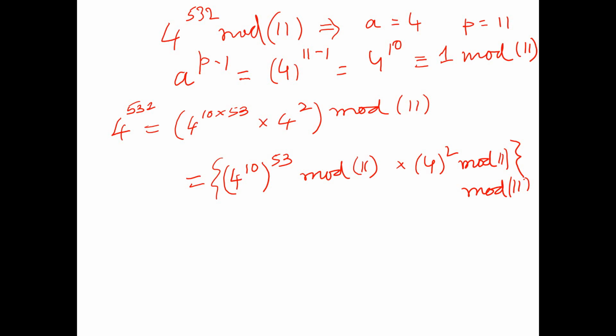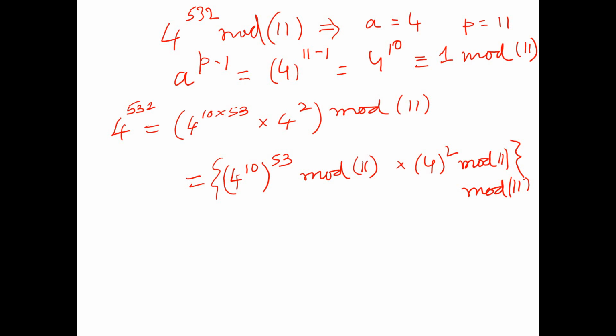Now 4 square is fine. 4 square mod 11 we can compute, no problem. This one, we are making a bracket, 4 to the power 10, to the power 53, mod 11, because this mod 11 comes somewhere here internally and this is separate.